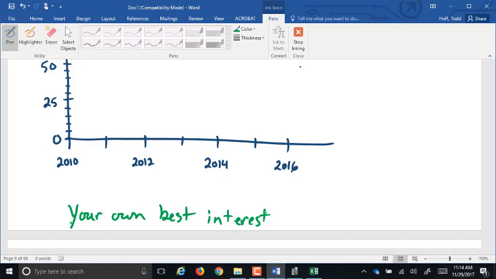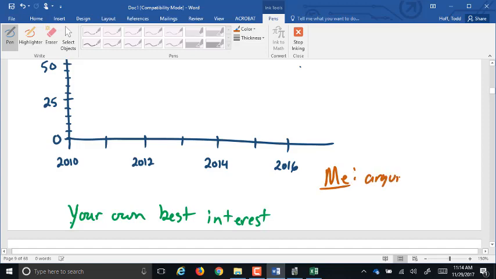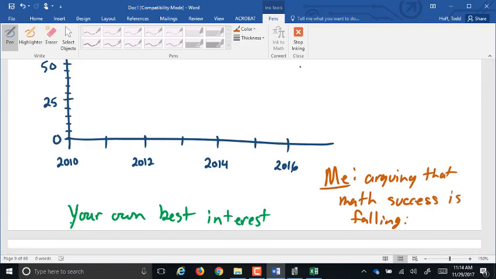If I am arguing that math success is falling and that we need to do something about it, we need to change our math curriculum, or maybe we need to start making students take a placement test and making them take a prerequisite math course before they do the college algebra or whatever.